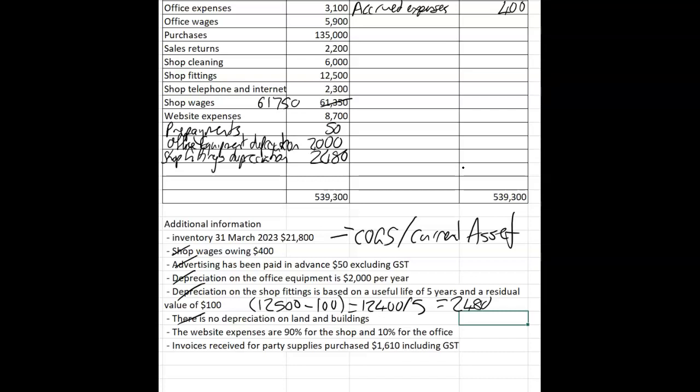Website, 90% for the shop, 10% for the office. So this one here, what we're going to do is split it, and we'll put the shop part first and do a separate one. And so nice and easy, you've got 870, that's your 10%.